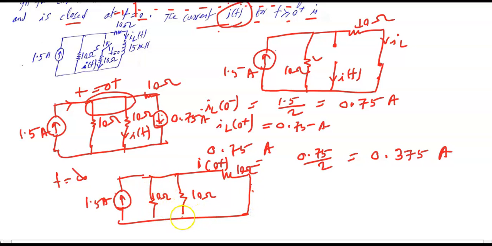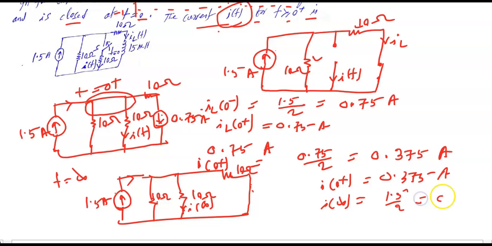So you can again see that this current 1.5 will be divided equally, because 10 ohm, 10 ohm, 10 ohm. So we found I0 plus is 0.375 ampere. Then I infinity is equal division 1.5 by 2, that is 0.5 ampere.